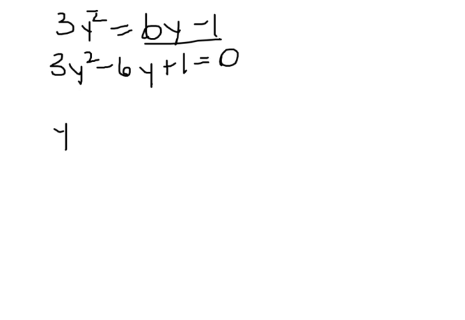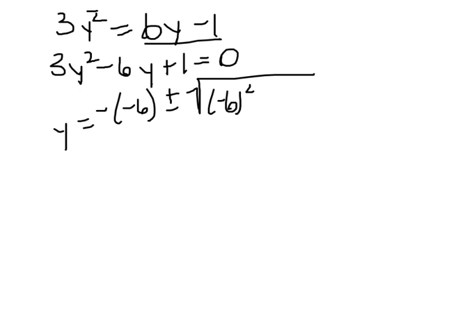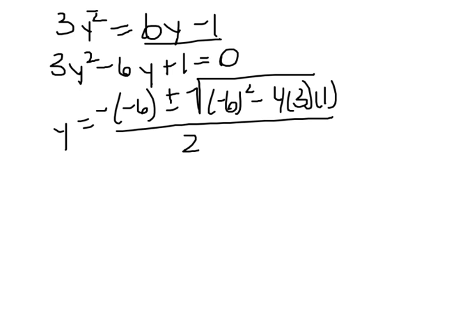So in this case, instead of x, I've got y equals negative b plus or minus square root of b squared minus 4ac all over 2a.